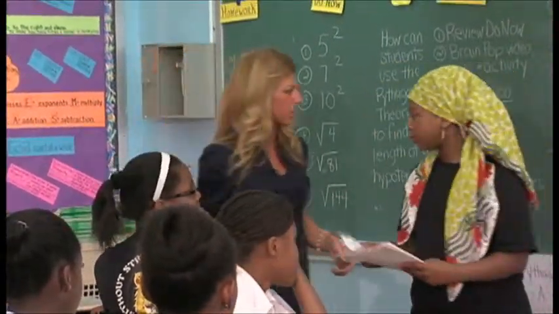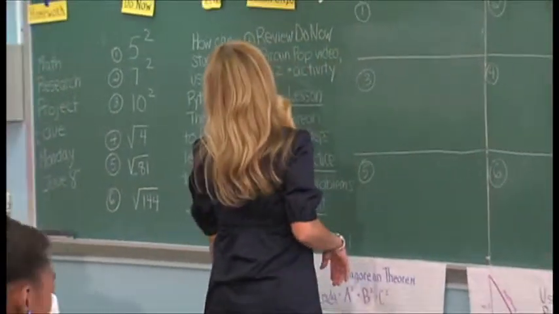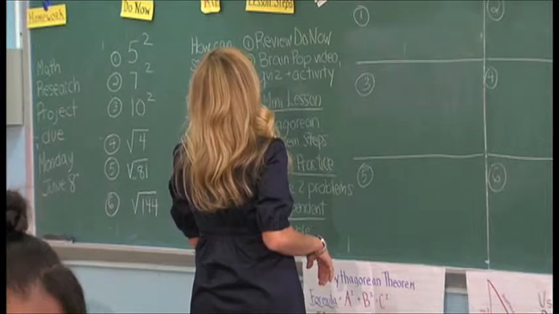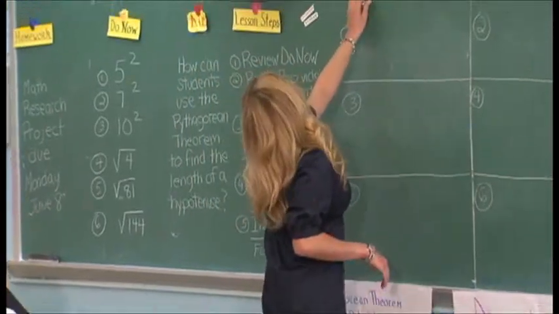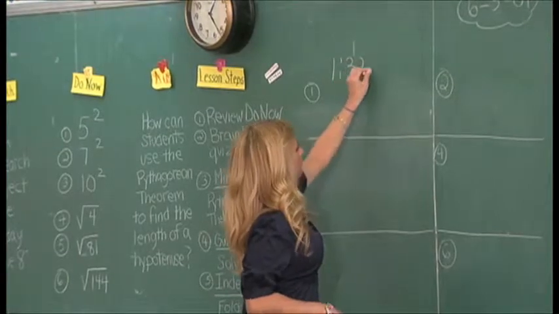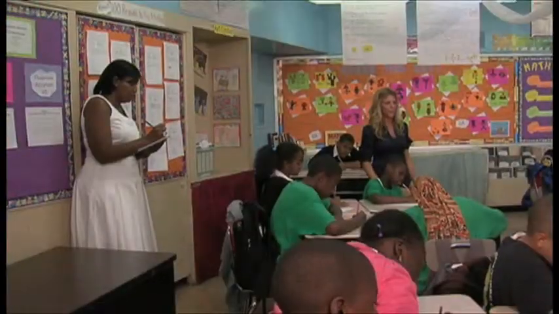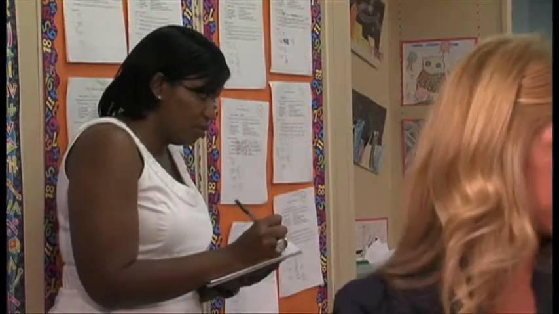When you get your paper, get started. Okay? It is 1:25. You have until 1:32 to solve the 6 problems. If anybody has any questions or needs help, raise your hand and I'll come over.